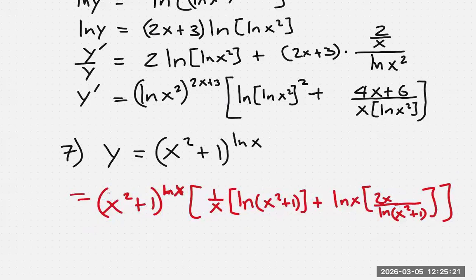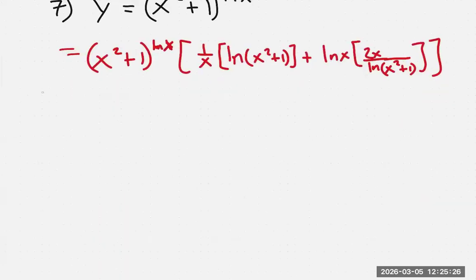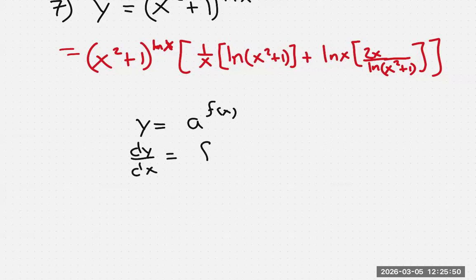Integration time. Now, to spot the integration for e to the x functions, you have to have a constant raised to a power somewhere. So the general rule is if you differentiate y equals a to a function, you get the function's derivative times the constant raised to the function, times ln a.